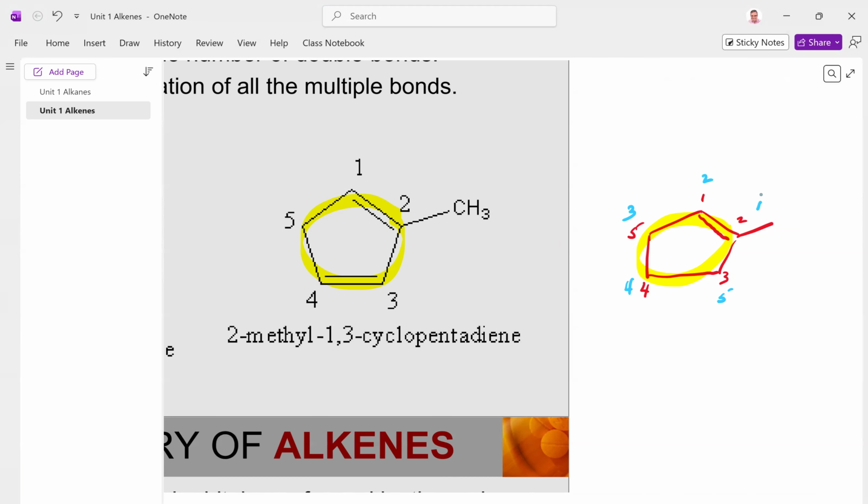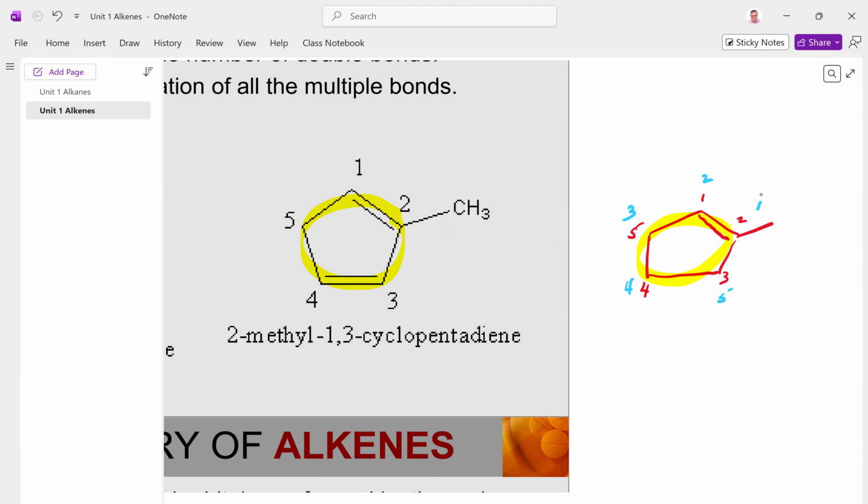Well, we've got a methyl branch here, carbon number 1 or 2. So let's name it like each one is valid. So let's name the blue numbers first.